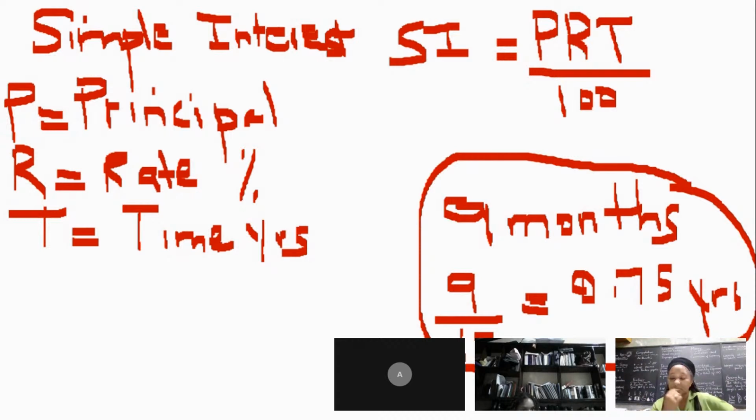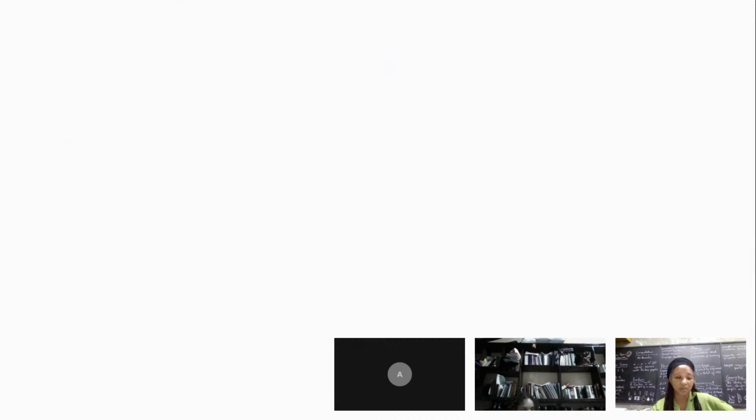In order to determine how much money you're going to pay back, that would be the amount. So that's the amount accrued, the amount that you have to pay back. So you have to pay back the principal that you borrowed.